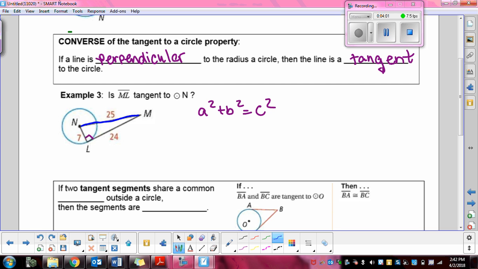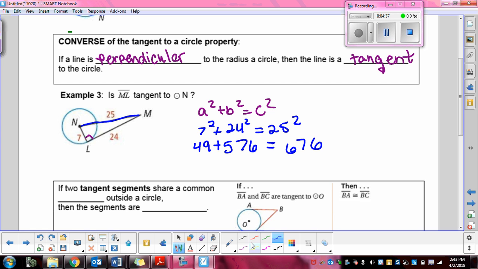So this has to be 7 squared plus 24 squared. Is that equal to 25 squared? I don't know. 7 squared is 49, plus 24 squared is 576. Is that equal to 625, which is 25 squared?